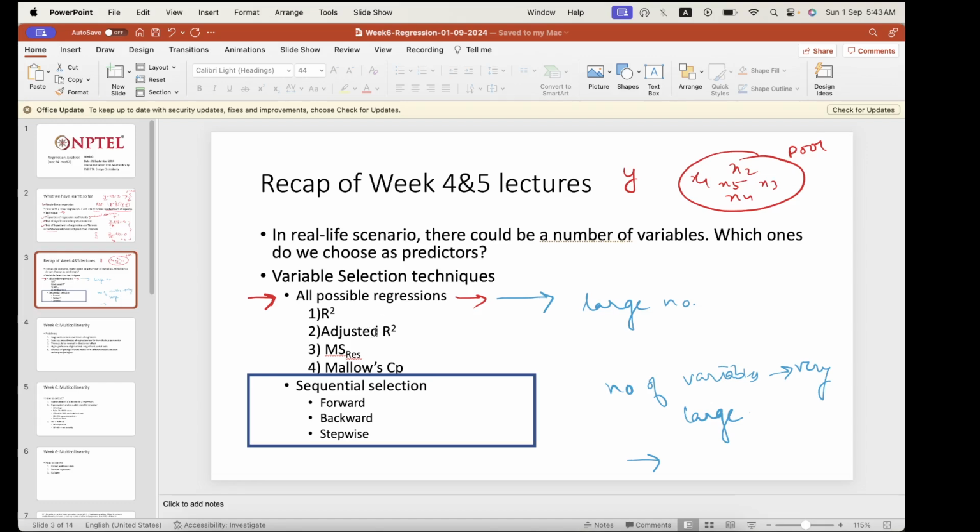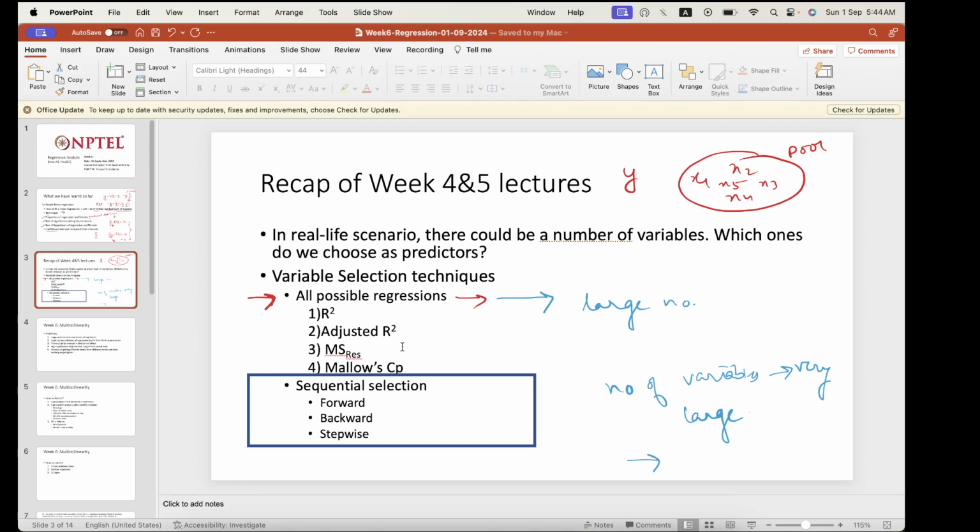We evaluate each of these groups with respect to these metrics: R square, adjusted R square, MS residual, and Mallows Cp, and then we take a decision as to which model to go ahead with, right? This is one of the major techniques of variable selection.